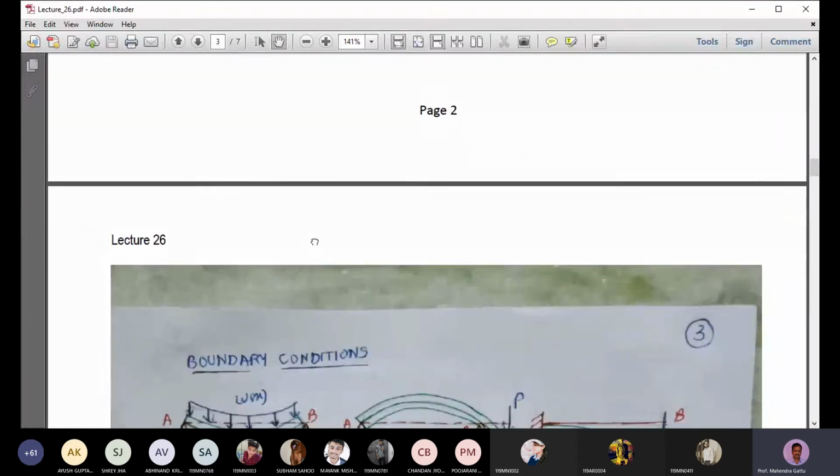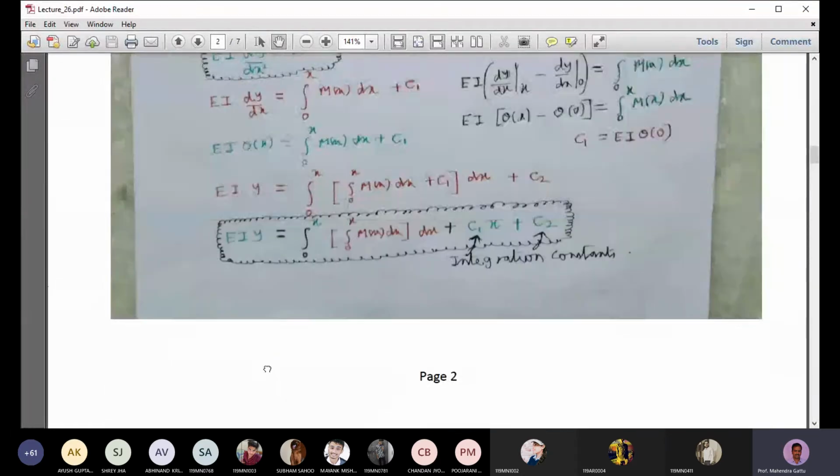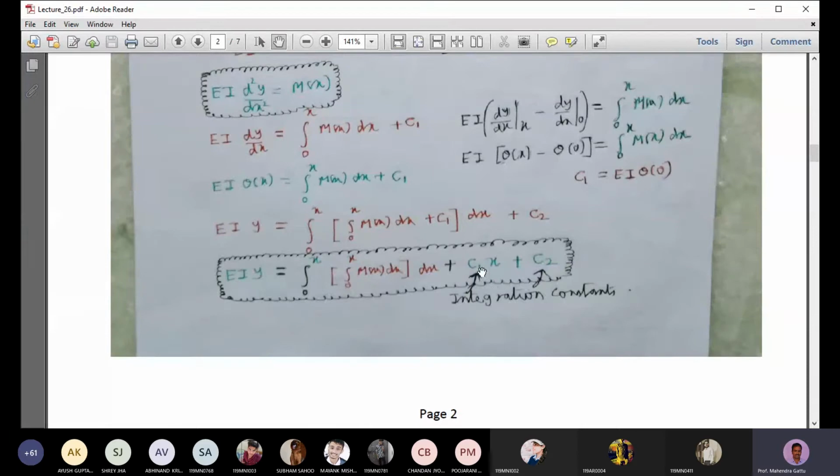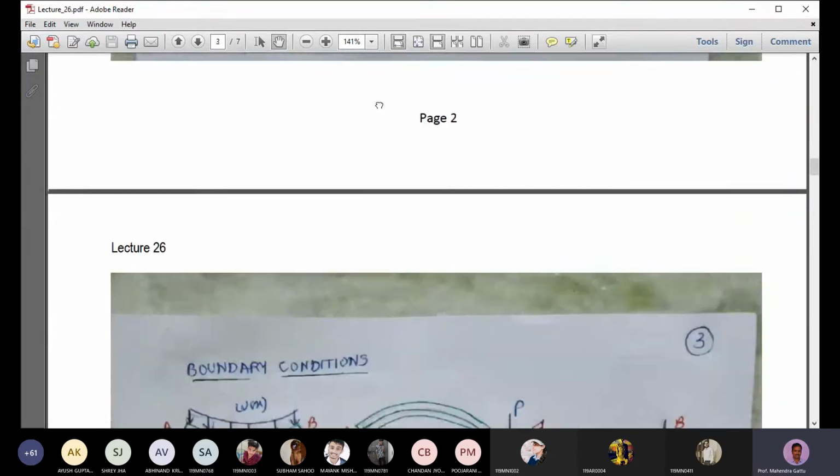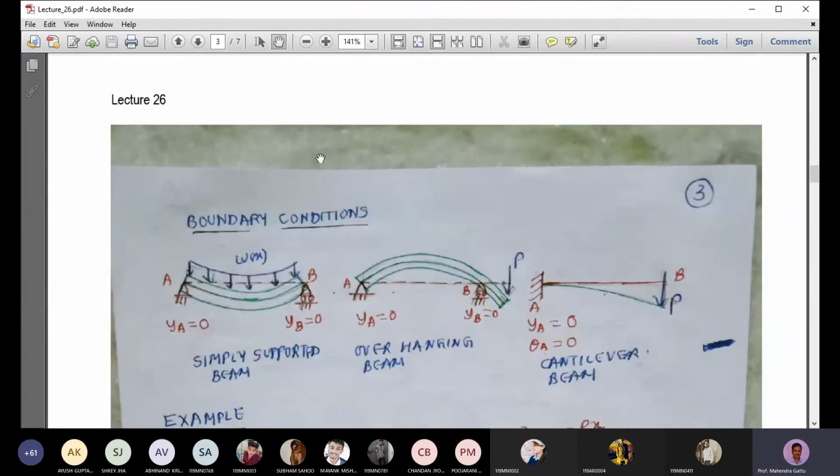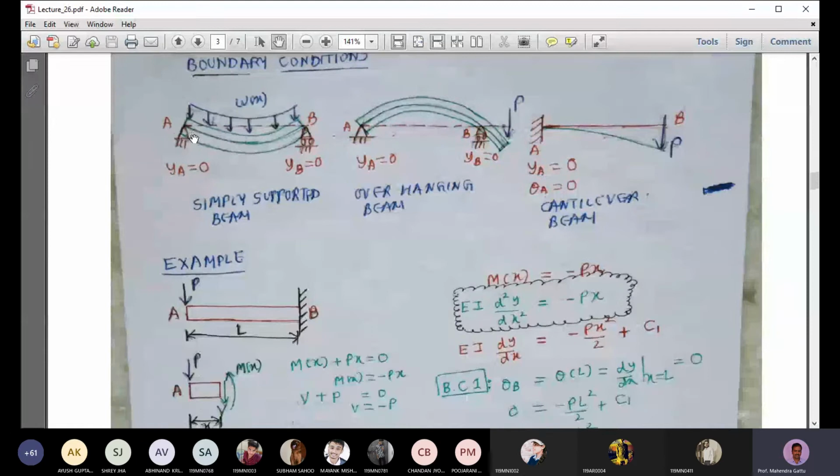So how do you find c1 and c2? We need how many equations? We need two equations. So we need actually two boundary conditions. So let's look at the boundary conditions. Suppose we have a simply supported beam, and the beam is subjected to some distributed load, so the beam will deflect in this fashion.